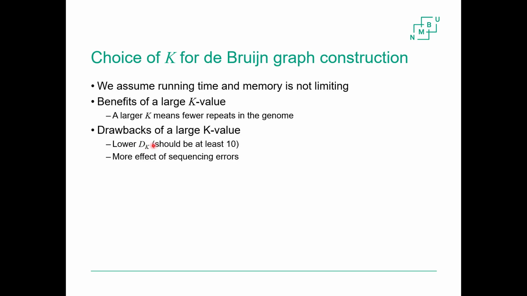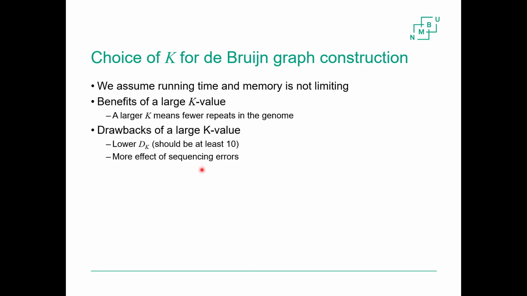First of all, the k-mer coverage shrinks if you increase the k value. And also, you have more effects from sequencing errors, because if you have very long k-mers, and if there are only a few errors, then very many more k-mers will have errors inside them, right? Because each k-mer covers a larger part of the read, right?